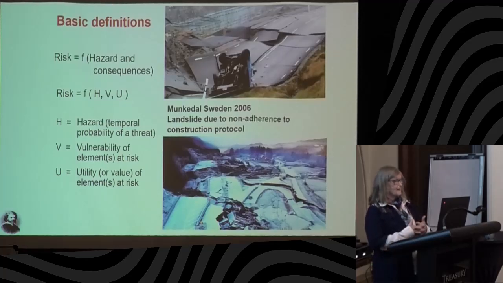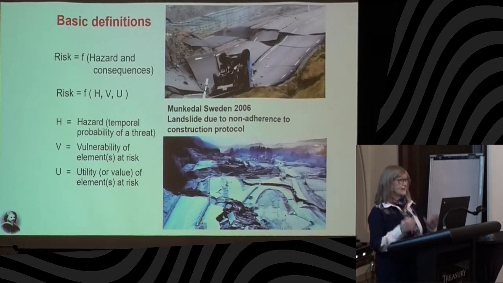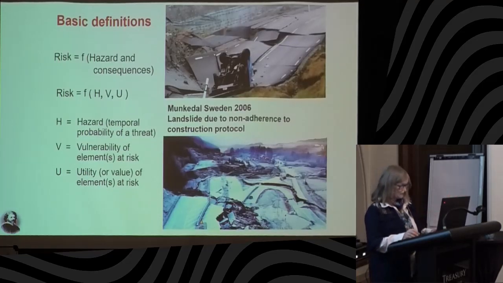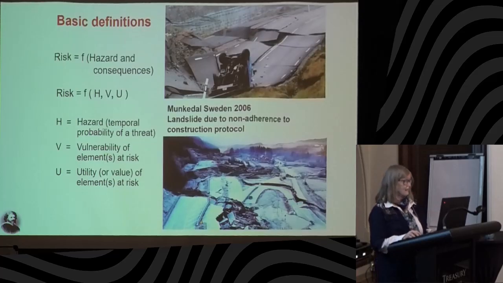And the hazard is the probability that something will happen. It could be a dam failure, it could be a slope failing. The consequences are a function of the elements at risk, like persons or buildings or roads, and their vulnerabilities, how sensitive they are to a certain flow of water coming down, and their value.